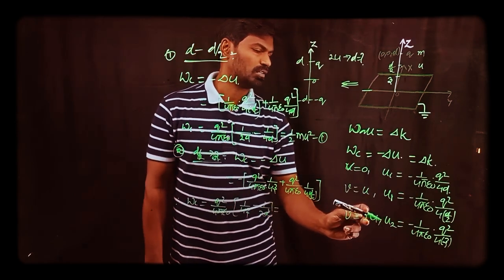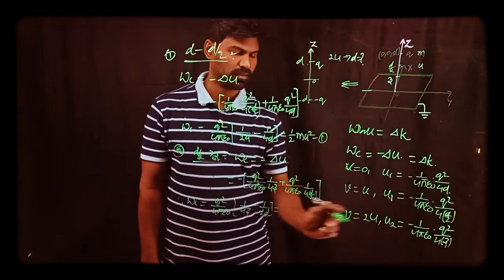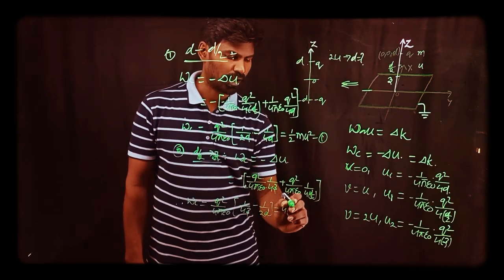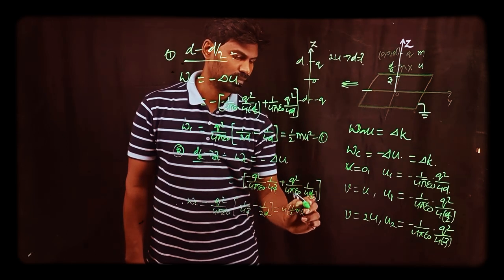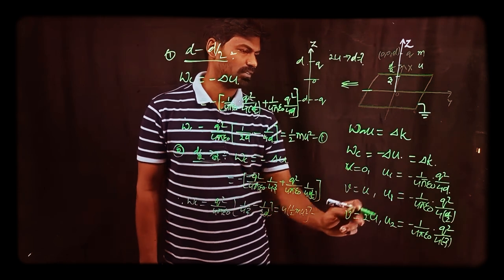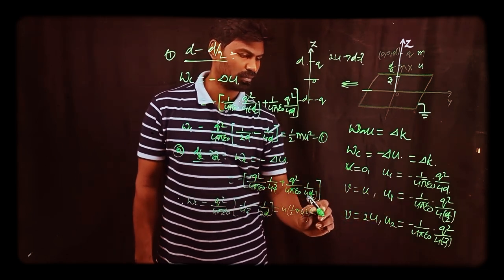Final kinetic energy, when v is equal to 2u, is 4 times half m u square. Initial kinetic energy, when the particle is at d by 2, is half m u square.